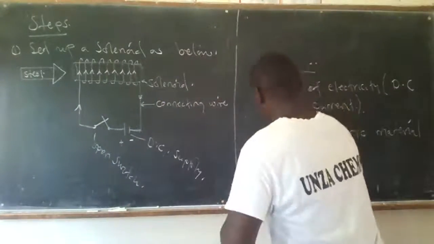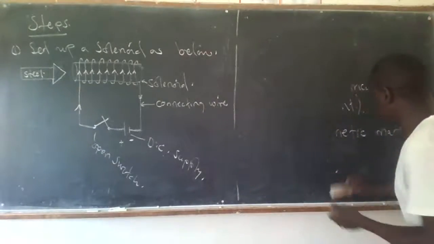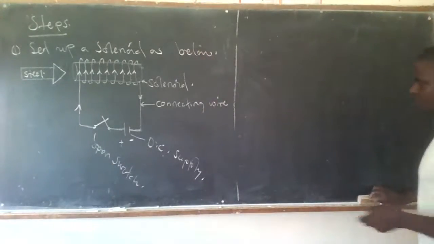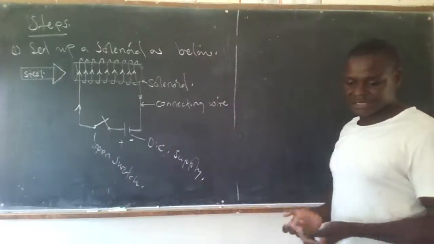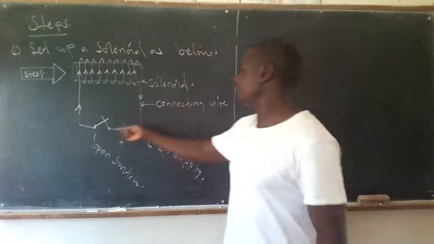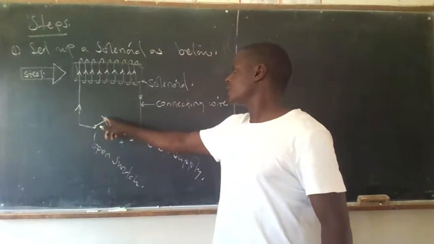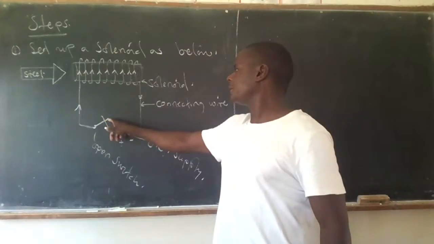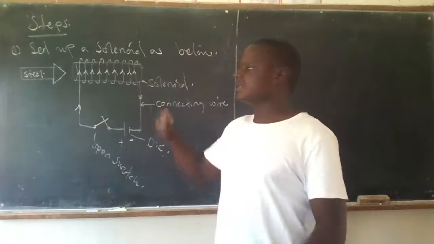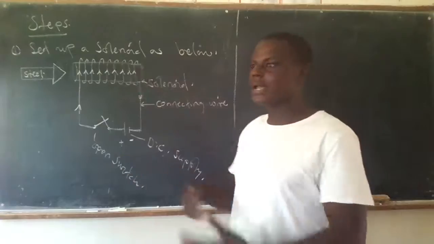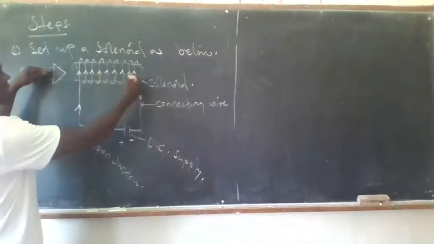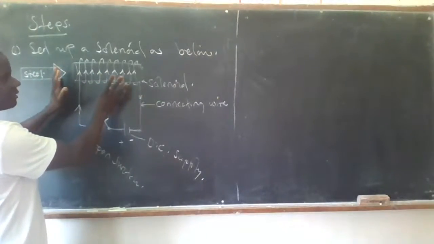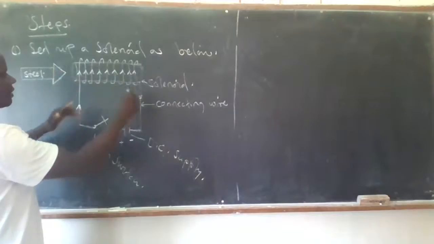Once you have that setup done, with the current flowing and the power switch closed, you have to wait for some good minutes, and then you find that even if you remove this magnet, if you remove this setup, it will still remain a magnet. When this current flows through the solenoid, I'm not going to explain much about the magnetism now, I will explain it later.